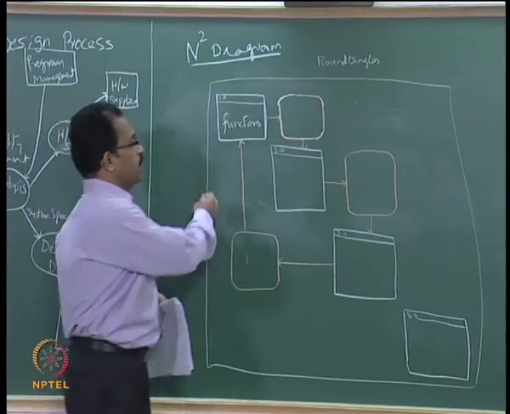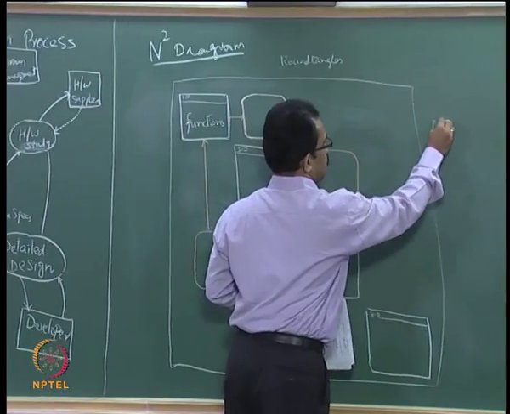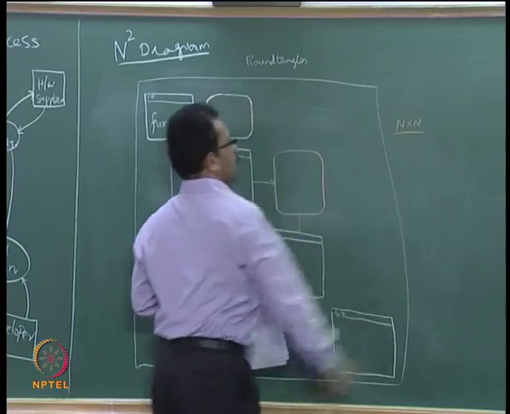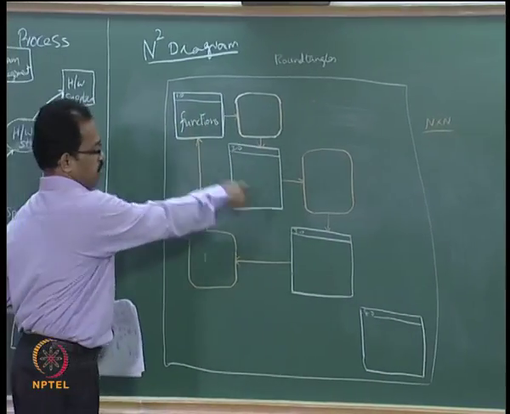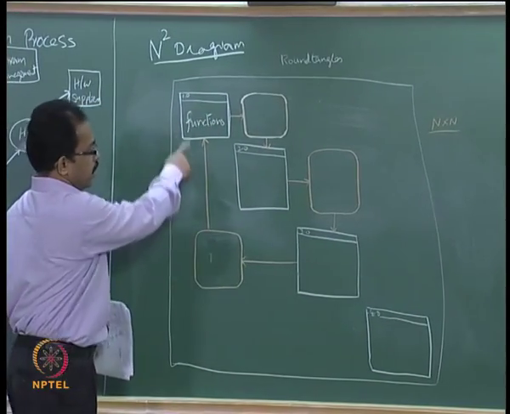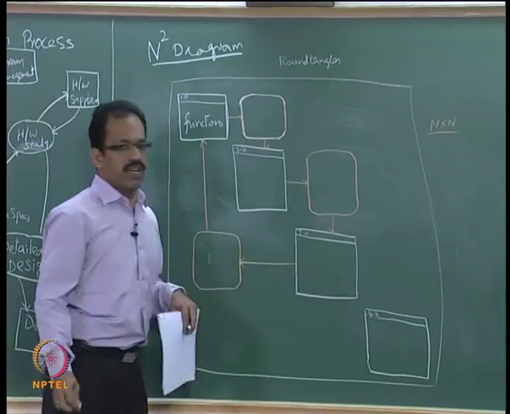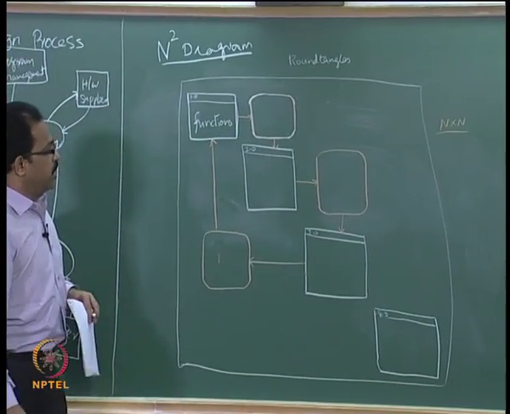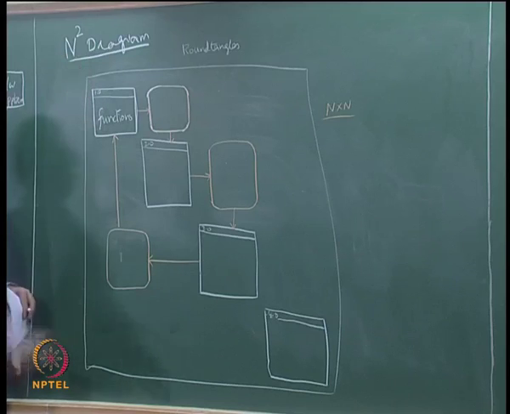So finally you will get an n by n array, because when you have n functions along the diagonal you will have an n by n array of functions as well as the interactions, and that is why this is known as an N2 diagram or N square diagram, very convenient for functional decomposition.